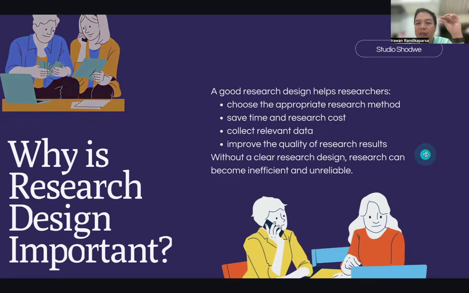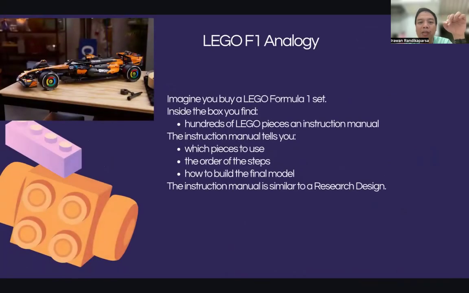I will give you an example, using a Lego F1 analogy. Ladies and gentlemen, please imagine you buy a Lego Formula One set. It looks like this, and most of you are familiar with Lego. I just want to make this concept easier to understand.